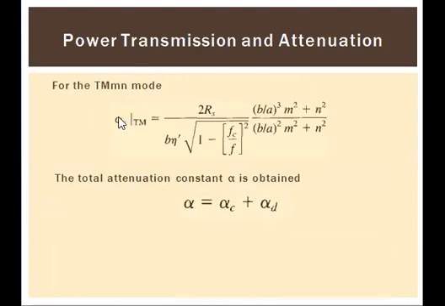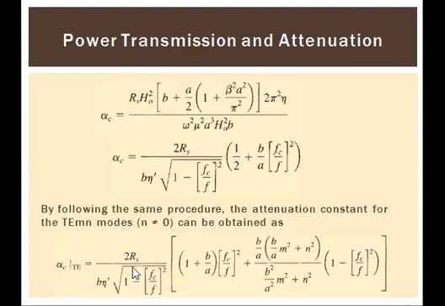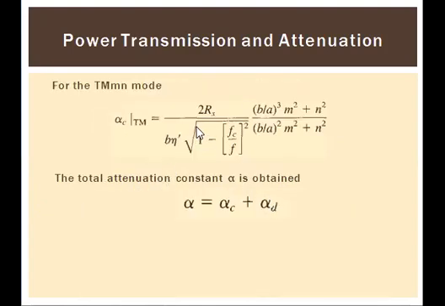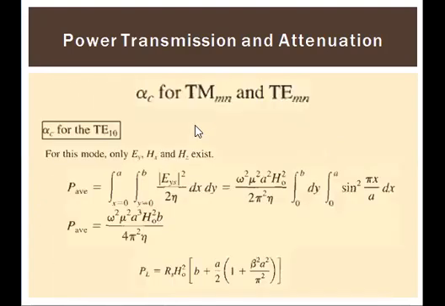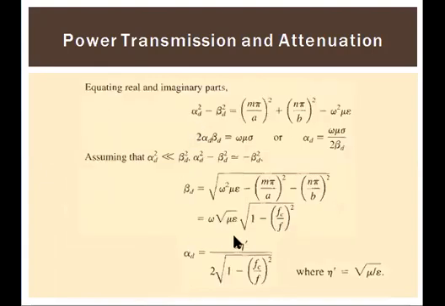And for the TMmn mode, this is the attenuation constant, that is alpha C for TM equal to this, and the total attenuation constant will be alpha equal to alpha C plus alpha D. Alpha C for TM mode and TE mode is in this equation, and alpha D was calculated in the previous section of this lecture.